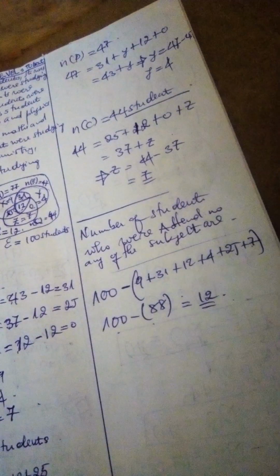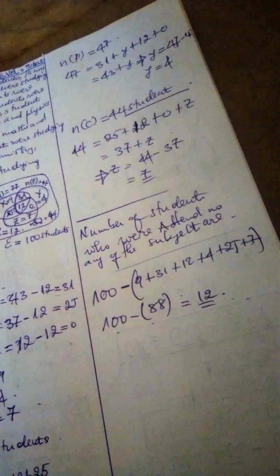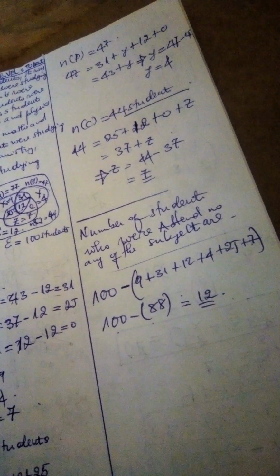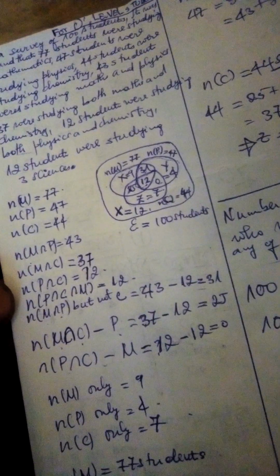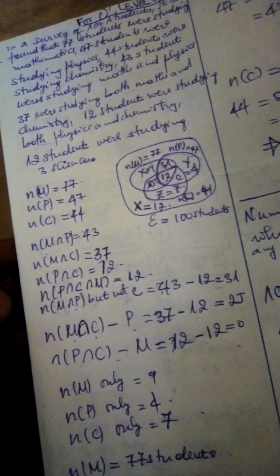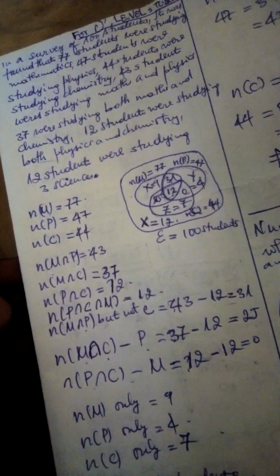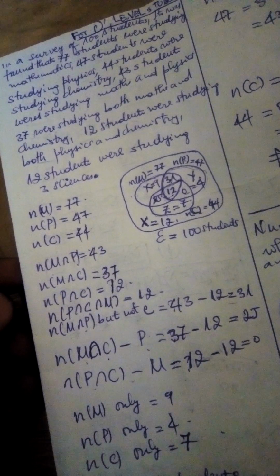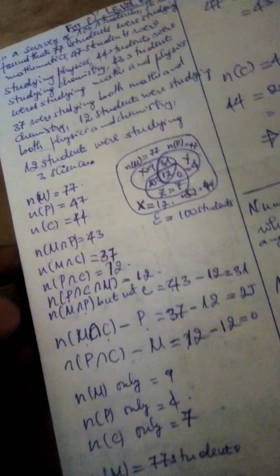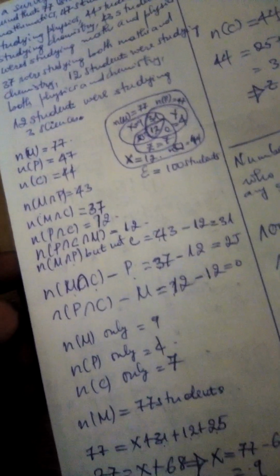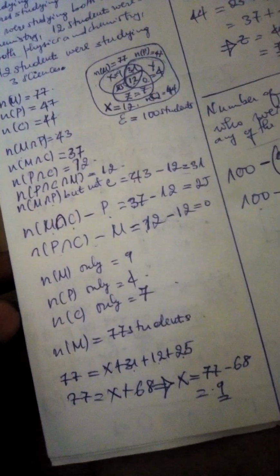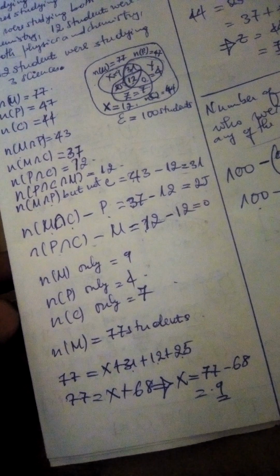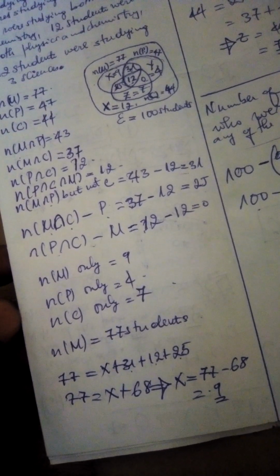So that is the way you can use to fit the information you were given, or if you are asked to calculate such kind of problem. That is the technique that will be used in order to get all the information needed to fill in the Venn diagram.